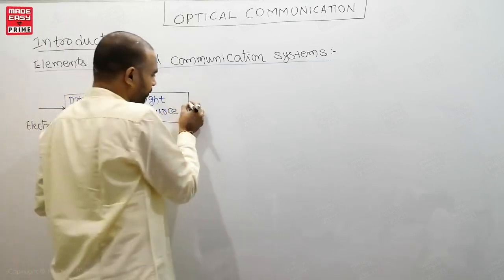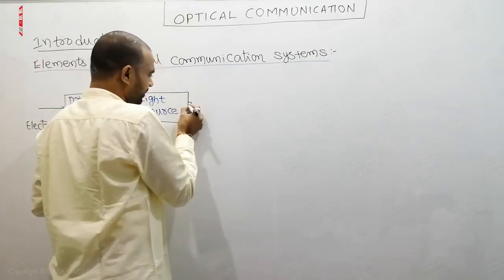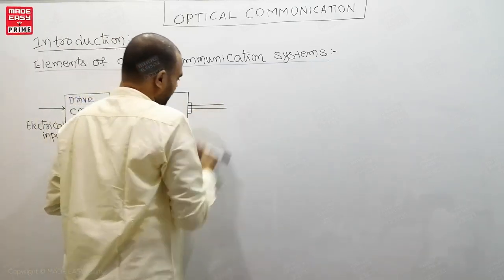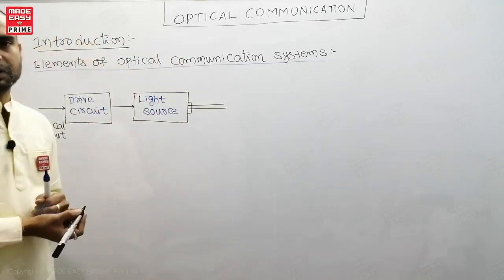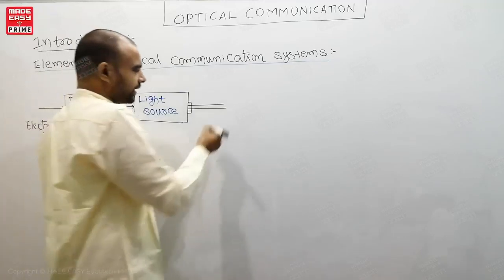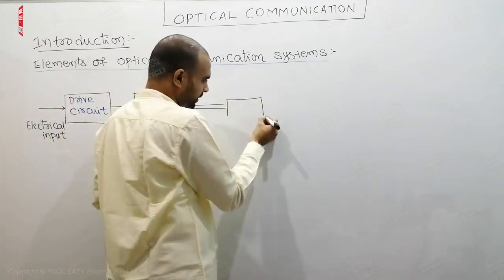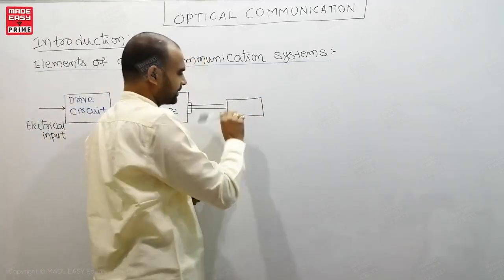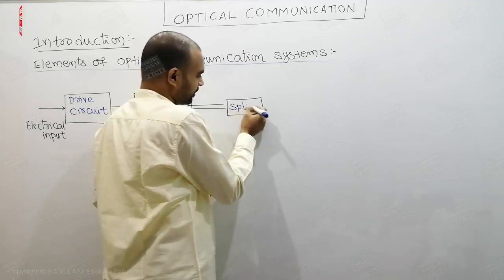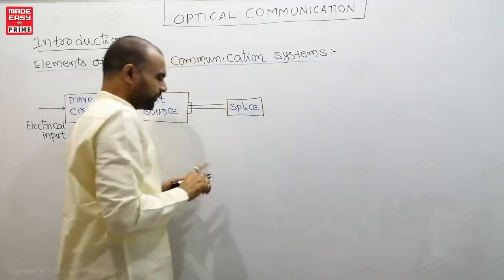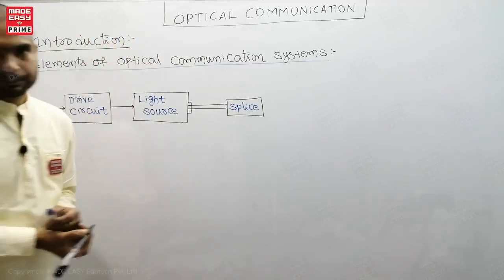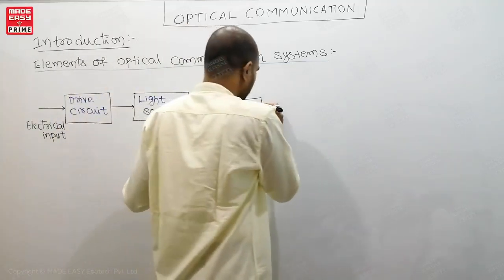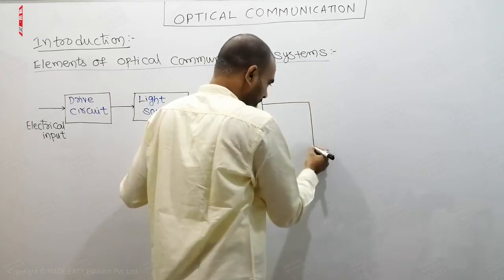The light source is connected through a fiber with the help of a connector. After that there is a splice. The splice connects the two fibers to each other, as shown in the figure. The splice is then given to a coupler.